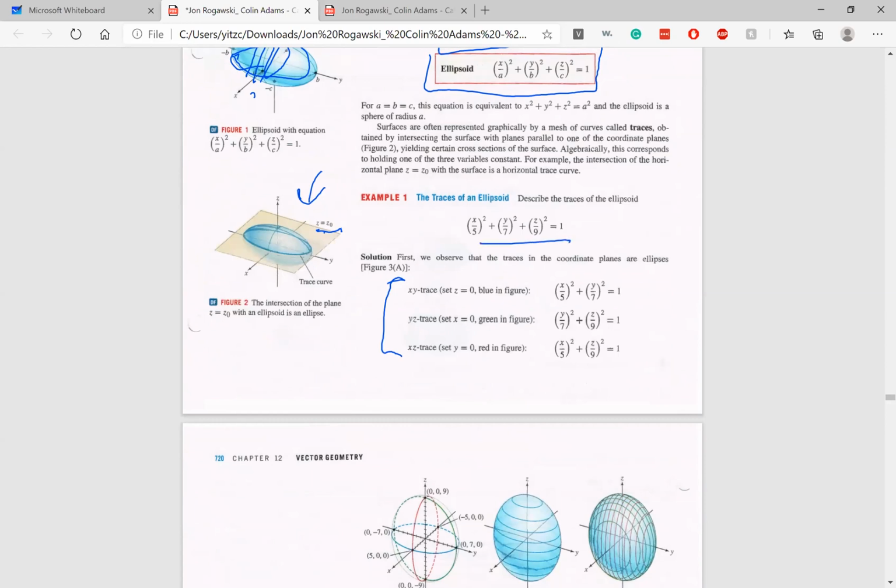So in the xy direction, z is equal to 0. So in this case, z is equal to 0, and we get this equation equal to 1 with z being 0. Now this is an ellipse in the xy plane, and it's this ellipse over here.